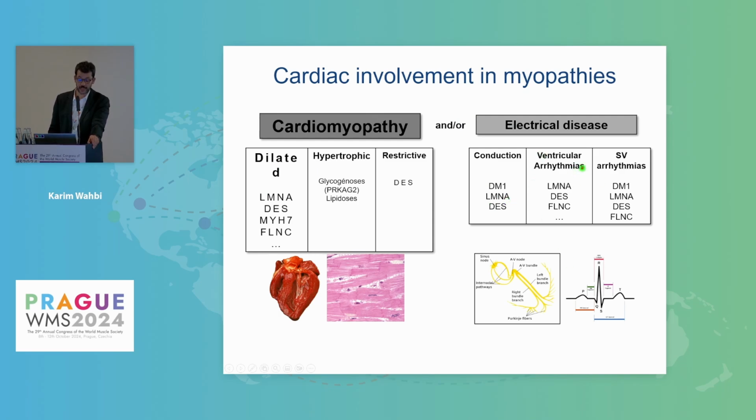Ventricular tachyarrhythmias in arrhythmogenic cardiomyopathies and supraventricular arrhythmias are extremely common as well. Myocardial involvement can lead to heart failure, which represents a very common cause of death in neuromuscular patients. Electrical abnormalities represent a common cause of sudden death, due to major conduction defects or severe ventricular tachyarrhythmias. Some patients can also have stroke due to atrial fibrillation.